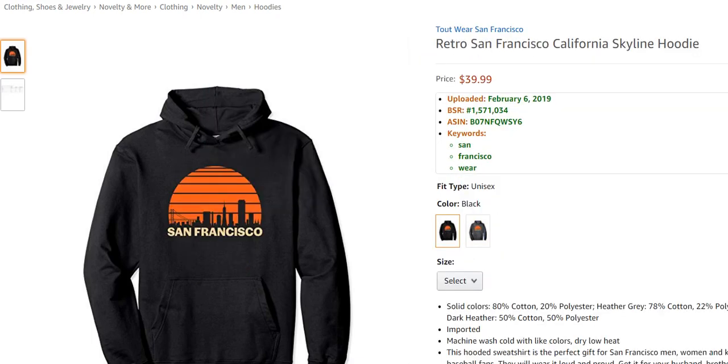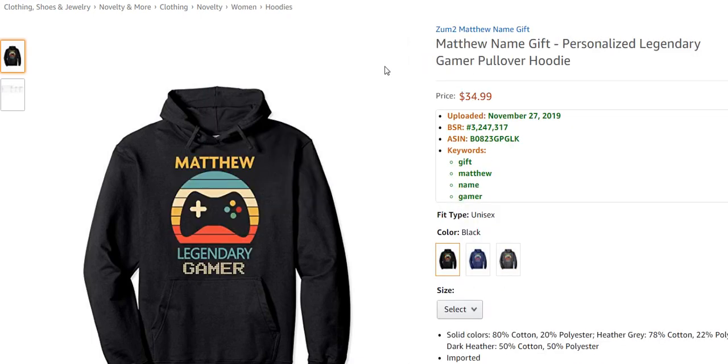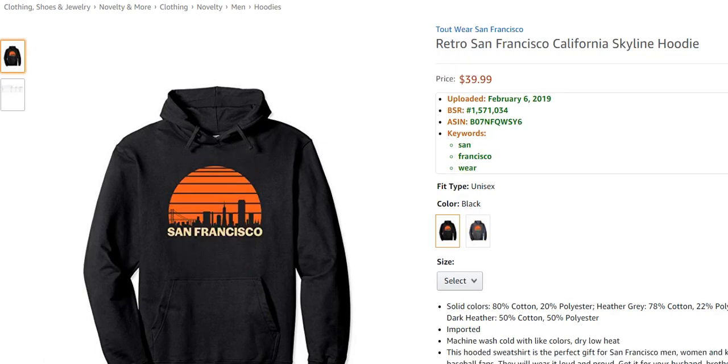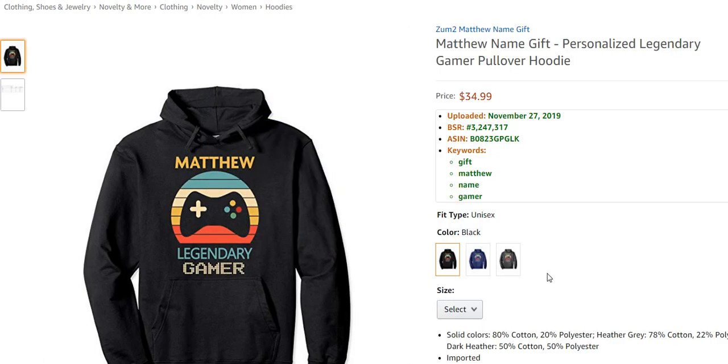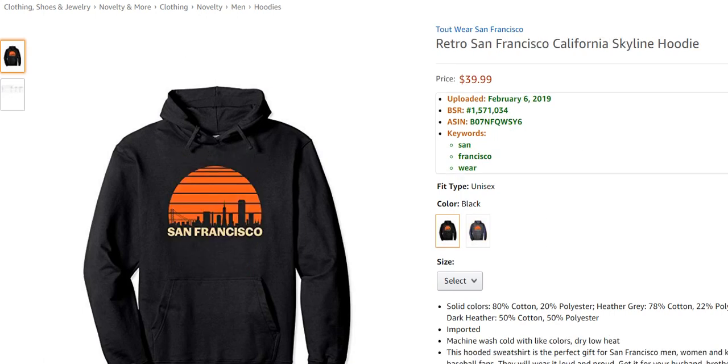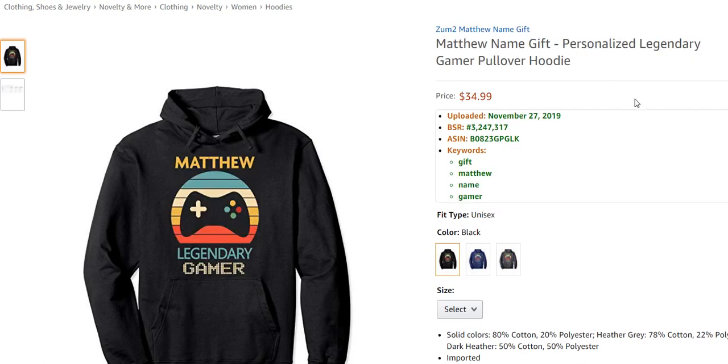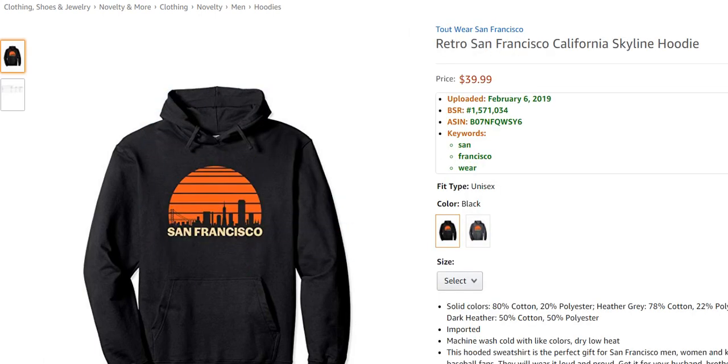Now let me just see. Yes, I have 2 hoodies, and I actually picked these out specifically because they have somewhat of a similar design visually, but not on the same topic. And I just want to talk about these two because what you can do with these is basically make 1,000 spin-offs off of this one and then off of this one.